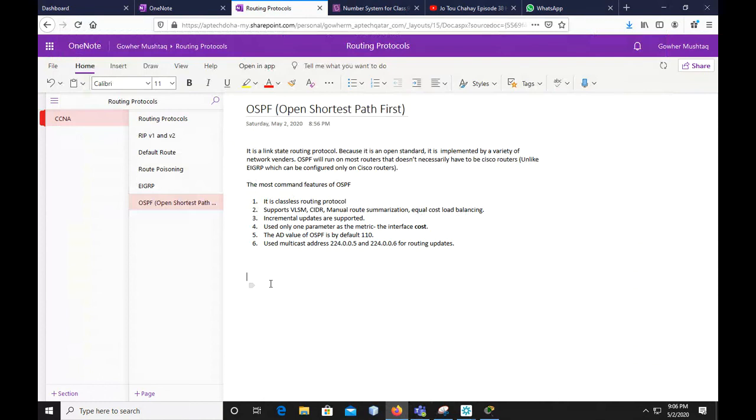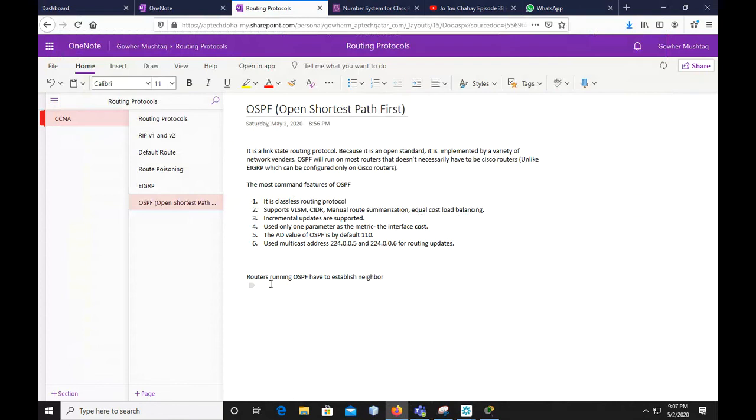Now about the concept, how OSPF is going to work. First of all, routers running OSPF, those routers that have the running configuration of OSPF, have to establish the neighbor relationship.